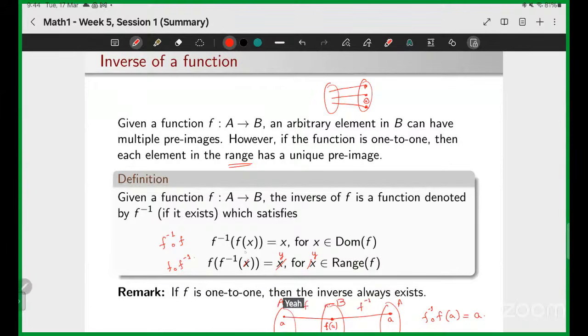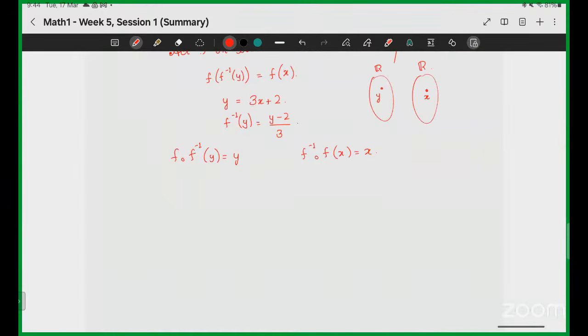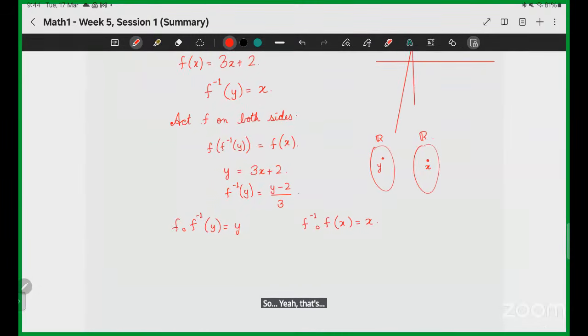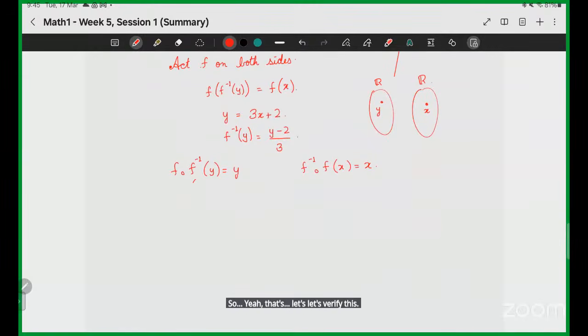So let's verify this. If I do f of f inverse of y, what is f inverse of y? You'll see why I said that we are okay with using just this as the input also.